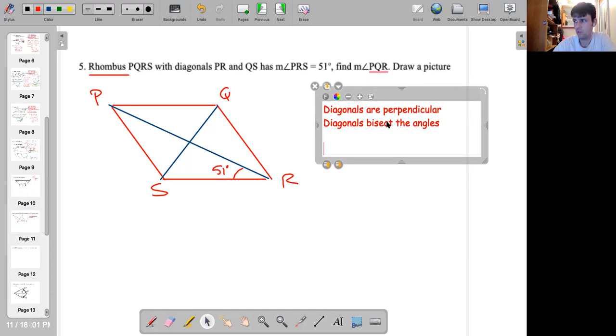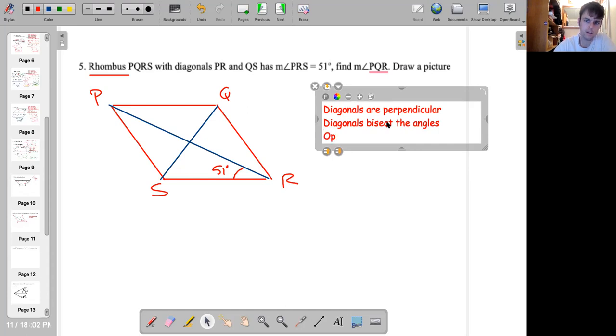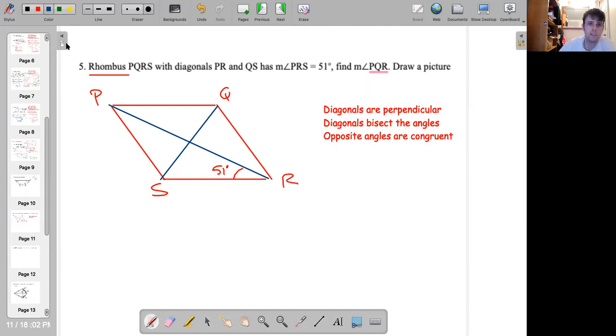Third one that's also going to be useful here is that the opposite angles are congruent. Okay, I'm going to use a mixture of these. There are other properties that rhombuses have, but this is what I'm going to use here. So first one is really great. It means that all of these angles here in the middle are 90 degrees.